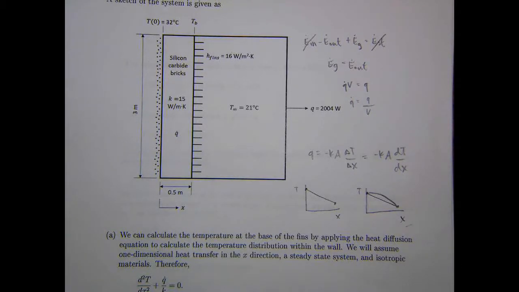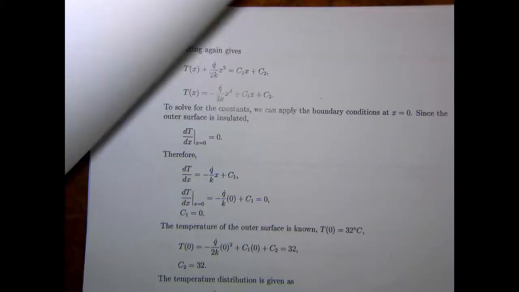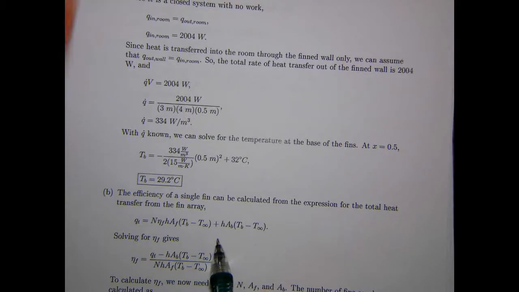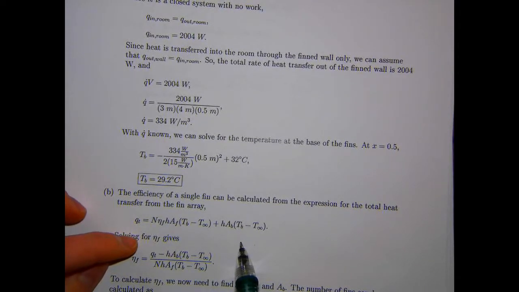Quite a few of you did use the heat distribution equation and get the right, or close to the right, temperature. And then for part B, this was using the total Q. So you know that the total Q out is through the wall, and you can use this equation. Quite a few of you used or tried to use the fin efficiency for a single fin.